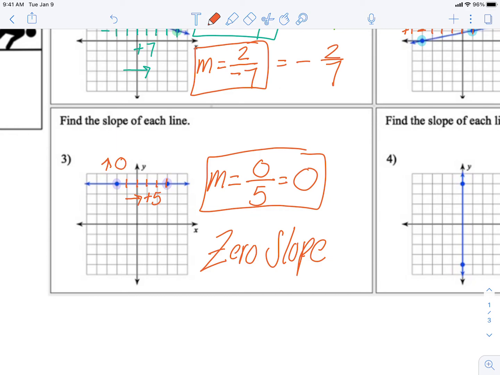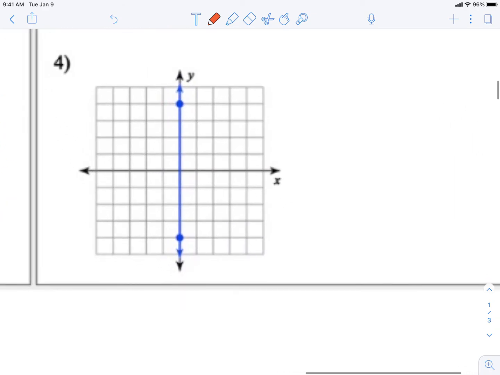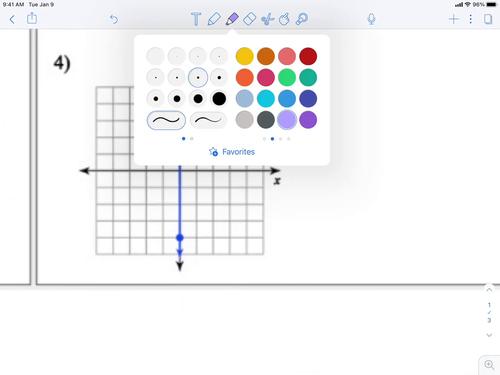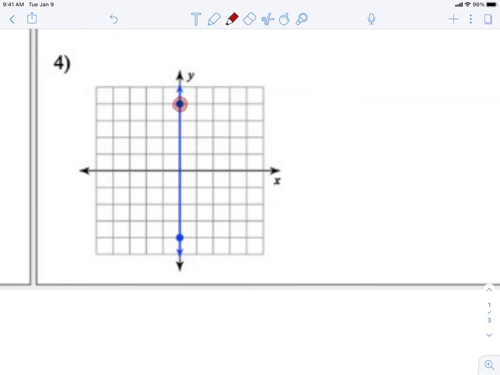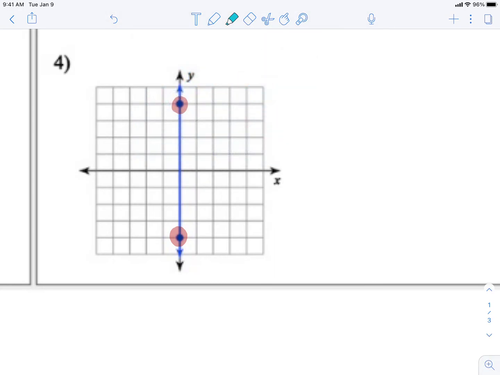Then, finally, number 4. Right? So, let me pick a different color. And we're going to go from that point to that point. Now, I like going left to right, but these points are not left to right. They're up and down. So I'm going to start on top. So, how many points do I go down? Let's see.